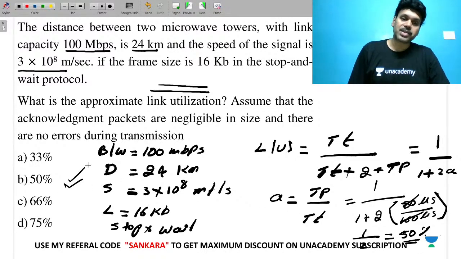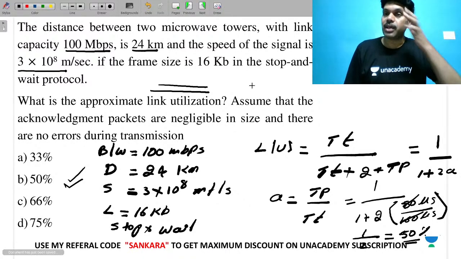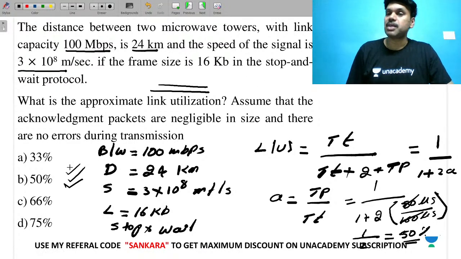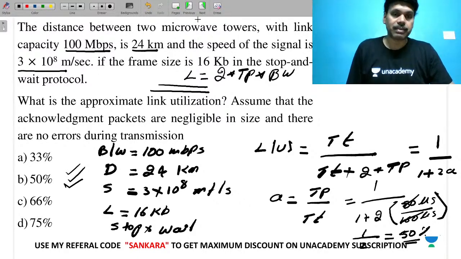So we got your answer: 50% efficiency. Well, my dear friends, you can also make L equal to B into 2 TP, and you will get 50% efficiency without any doubt. To have 50% efficiency, L is equal to 2 into TP into your bandwidth.